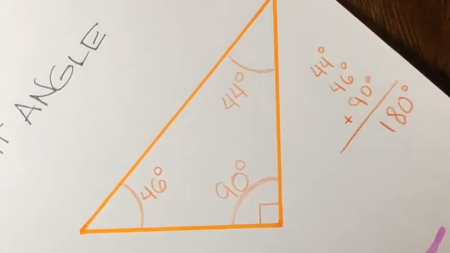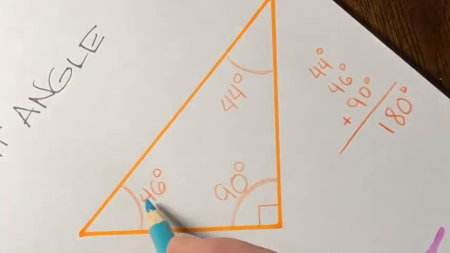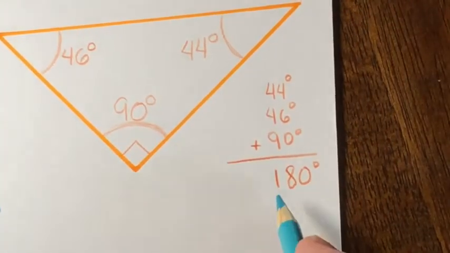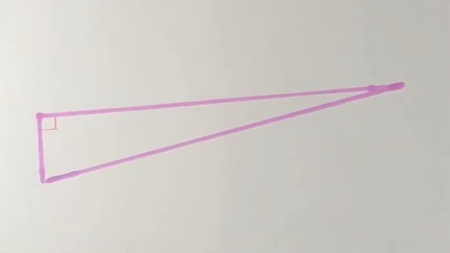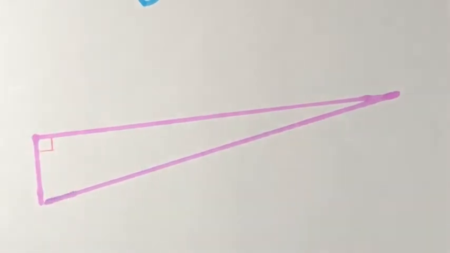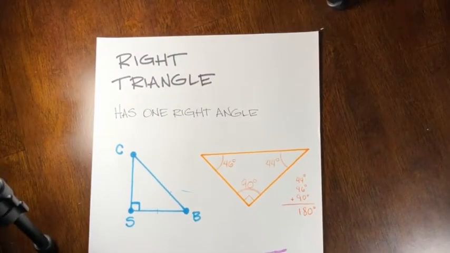We have one here also, a 90-degree angle there, a little box in the corner to show you. And these numbers again, 40, 46, and 44 will all add up to 180 degrees. And we have another right angle here, and we know it's a right angle because it has a little box here that tells us that's 90 degrees. So right angle triangles are called right triangles.